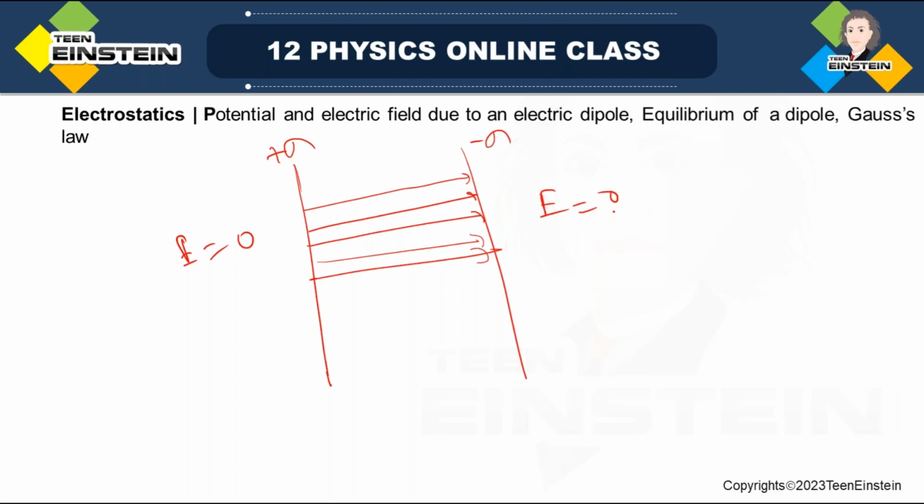Each plate gives sigma by 2 epsilon 0, and both together give sigma by epsilon 0. So this will be the electric field inside.